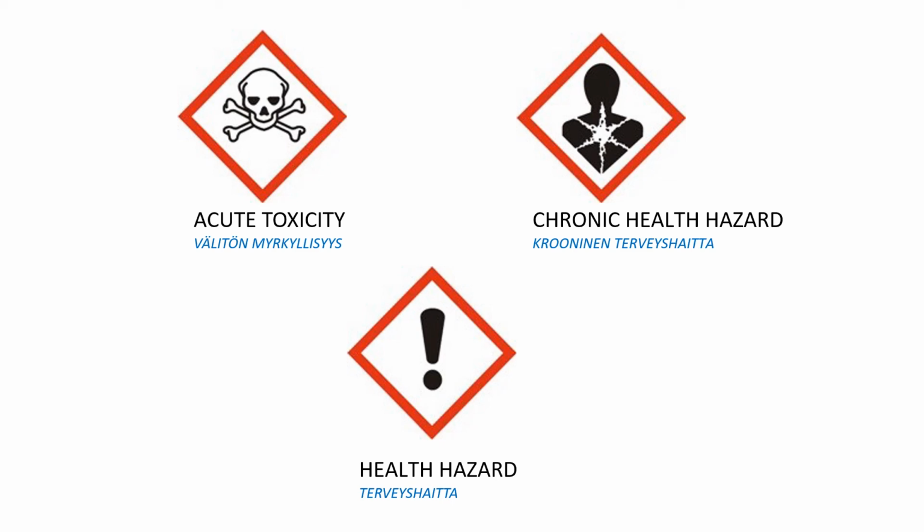Some hazardous substances can cause severe chronic health effects, including cancer, genetic mutations, and birth defects. Regular exposure to some substances can lead to the development of an allergic rash or breathing difficulty. This phenomenon is referred to as sensitization.